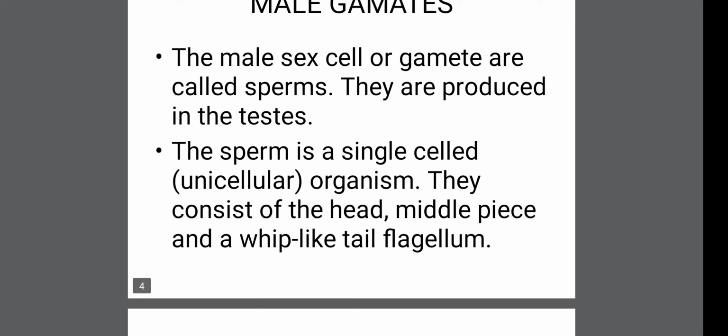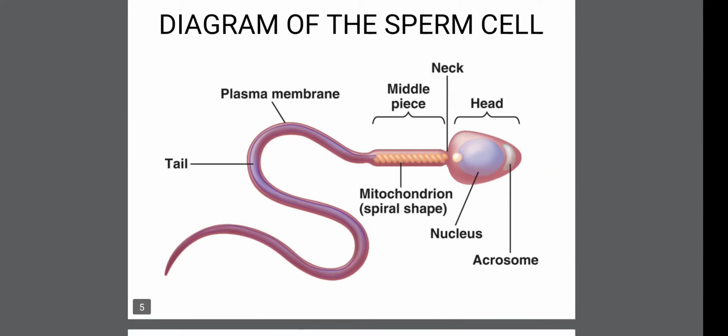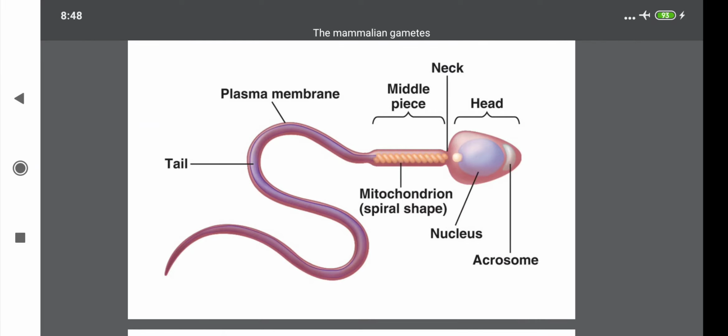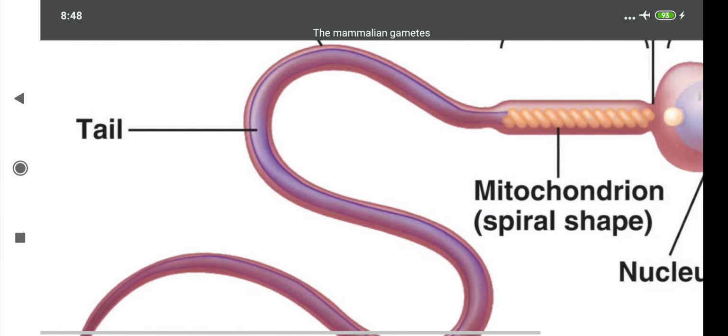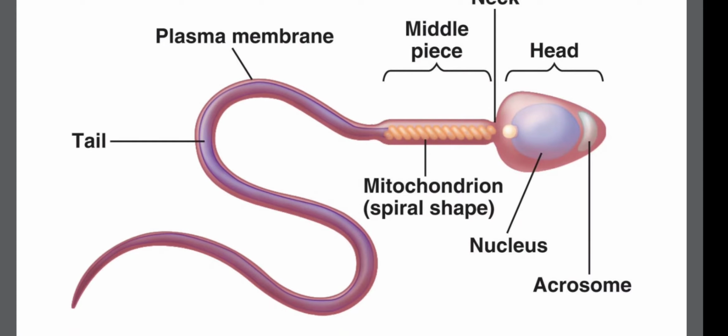They consist of the head, middle piece, and a whip-like tail, which you can also call the flagellum. This is the diagram of the sperm cell, or spermatozoa.